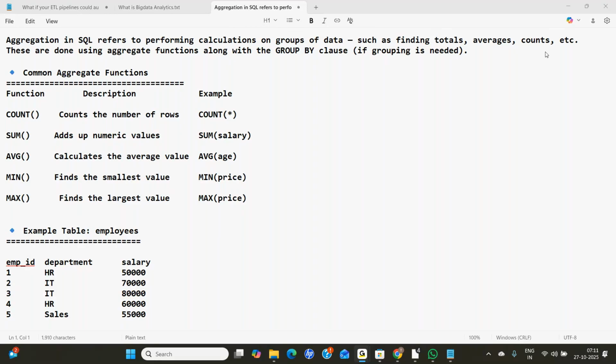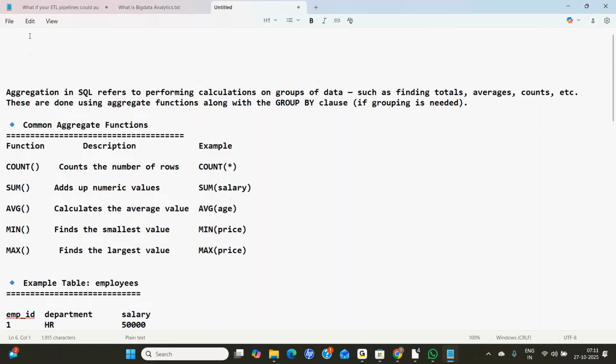Okay, so fine, guys. What is an aggregation? Can anybody say, what is an aggregation? Come on. Okay, sir, an aggregation is a process of performing calculations on a group of data.